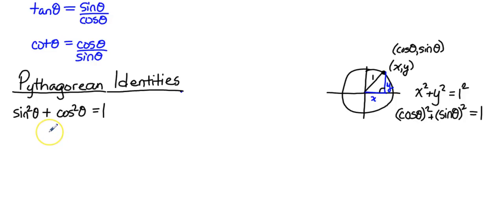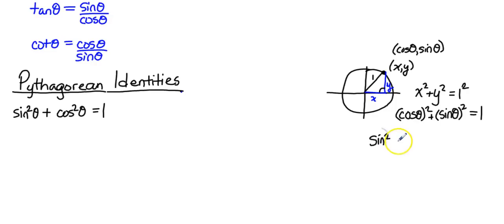Now, what if I asked you to solve for a value here? We can, from this identity, derive 2 more. So let's start.